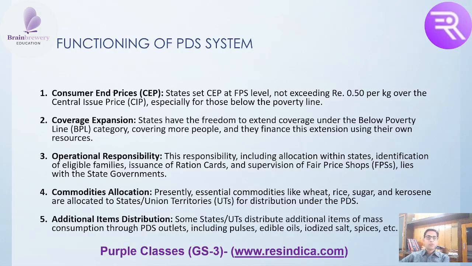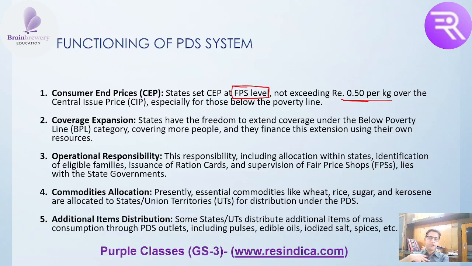Now, consumer end prices. States set consumer end prices at the fair price shop level, not exceeding rupees 0.50 per kg over the central issue price. So the target has been set that the state sets the consumer end price, that means what consumers are going to pay at the fair price shop level.